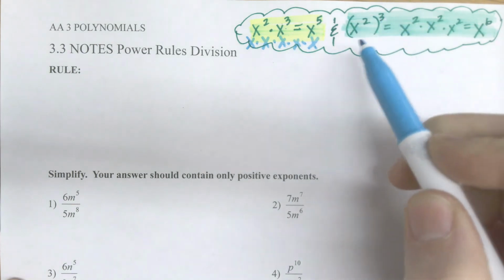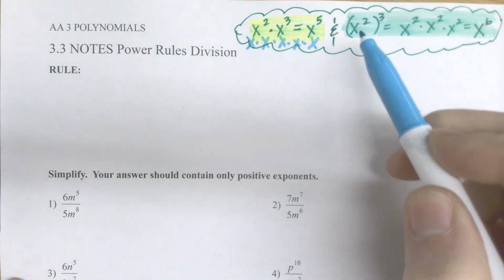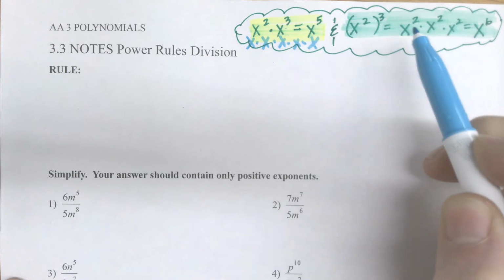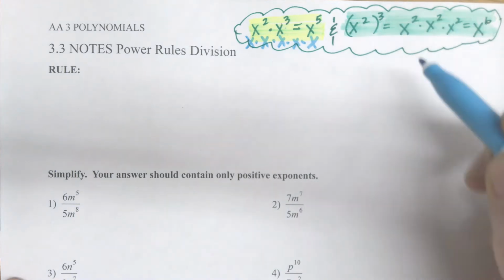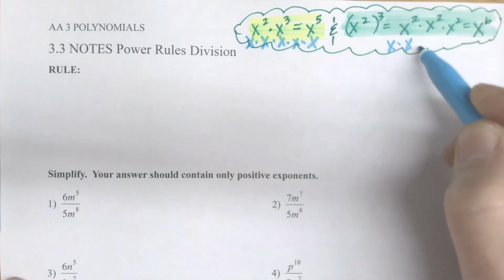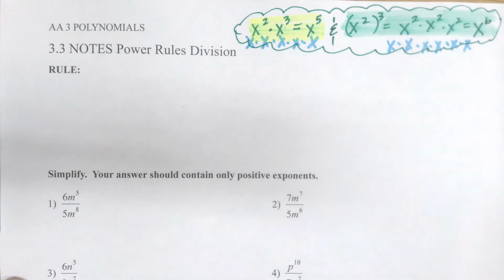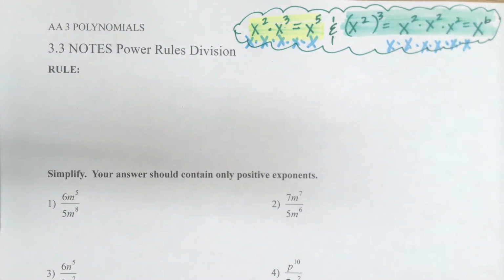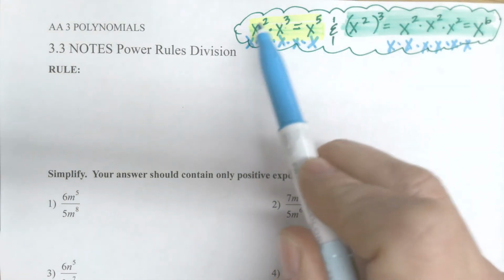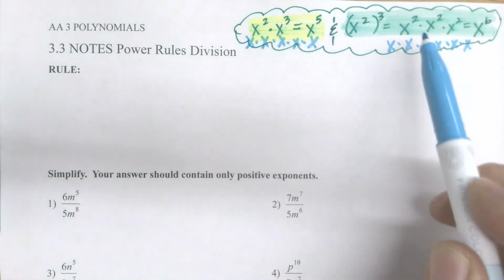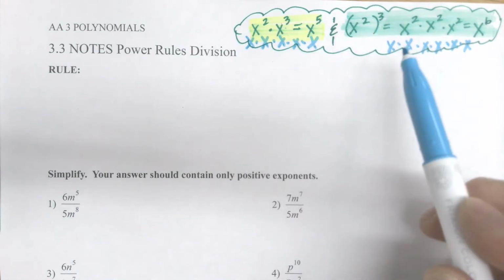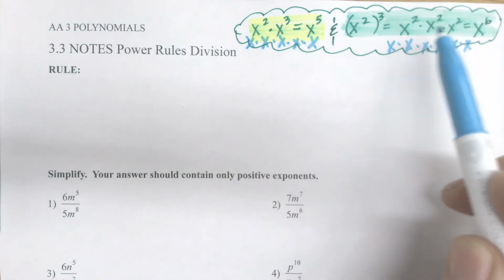And we did power on a power, where x squared cubed means x squared times x squared times x squared, or x times x times x times x times x times x. And basically what I'm doing is I'm counting my x's. And so again, when I'm multiplying with the like bases, I end up adding the powers, but when I'm taking a power on a power, I end up actually multiplying the powers.